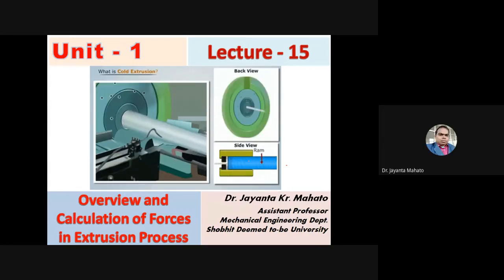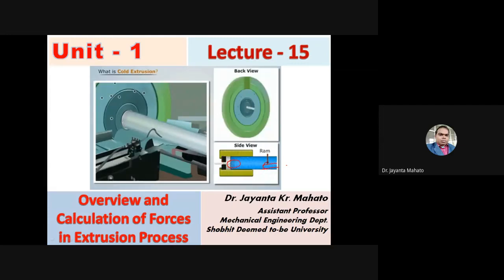So like this, this is a pictorial view. In this case, the ram will move here, and this is the billet material. Billet means the initial shape of the material. Then if you apply force from this direction, what will happen?